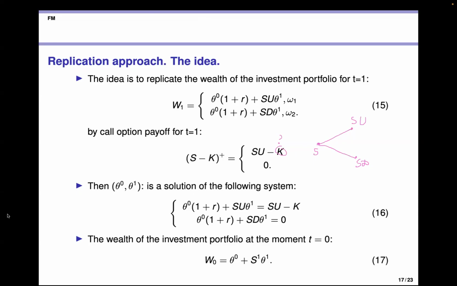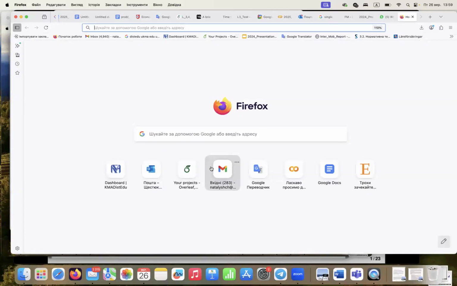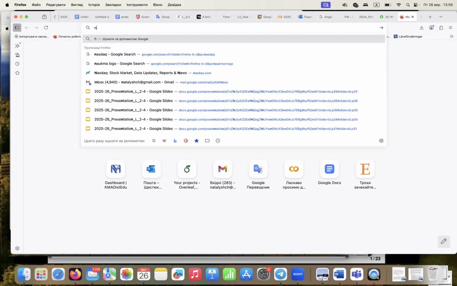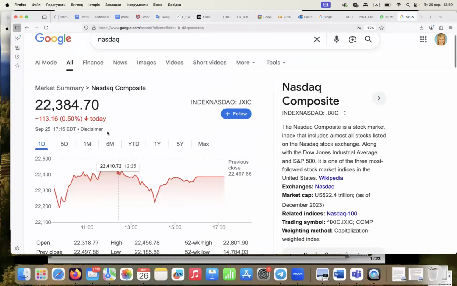So very quickly about strike price. Nasdaq.